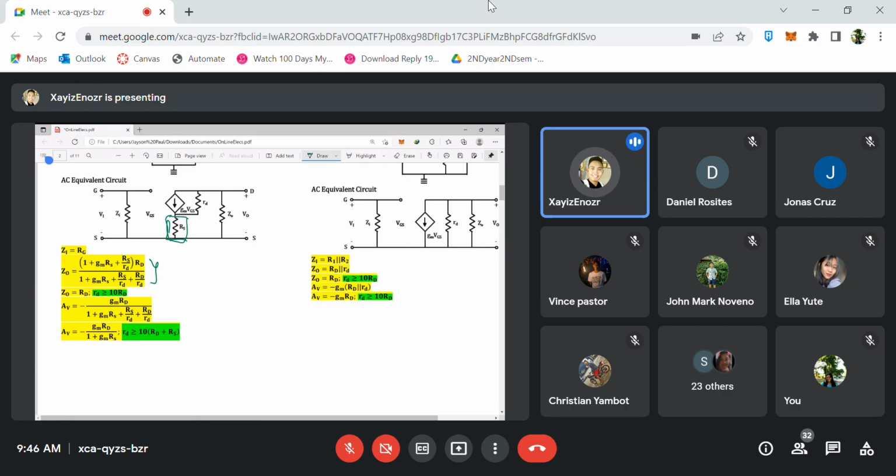So for voltage gain, okay, it is also long. Negative GMRD multiplied by 1 plus GMRS plus RSRD plus RD over RD.